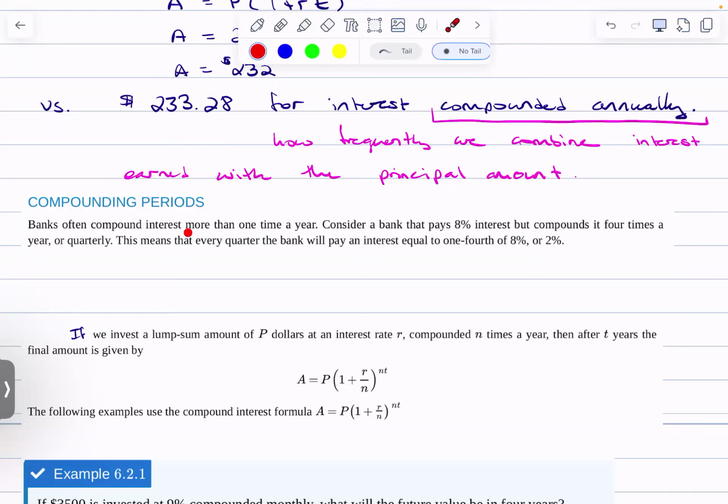And so banks often compound interest more than one time a year. Usually it's twice per year, but it depends, and it'll be in that very, very fine print of whatever agreement you sign. But consider a bank that pays 8% interest, but compounds it 4 times a year or quarterly. 4 times per year, right?